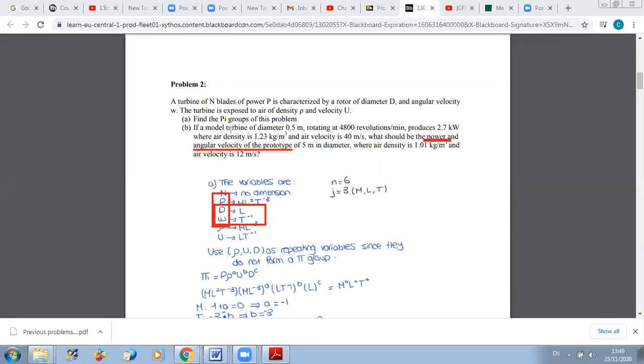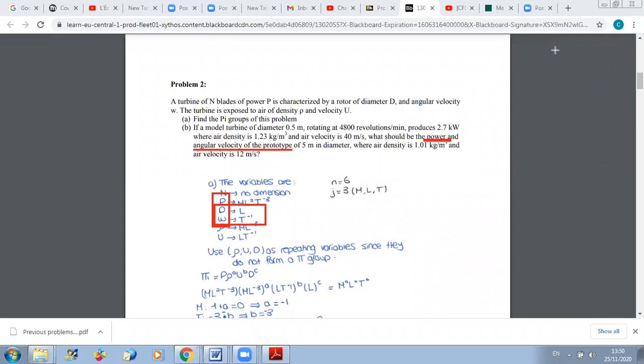So from question B, this can help you to say, I will not take P and omega in the independent variables. I will take them as outputs, so they will form my pi groups. It's not wrong if you take them, but it's better to keep them as output, okay?